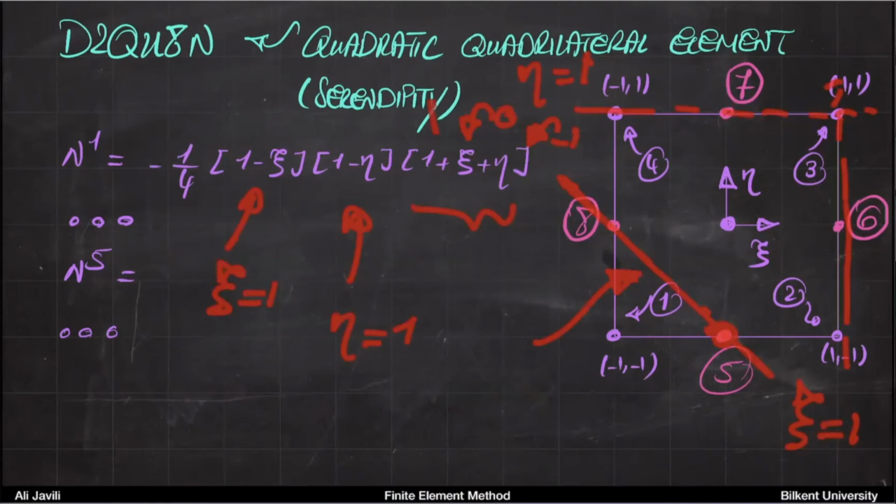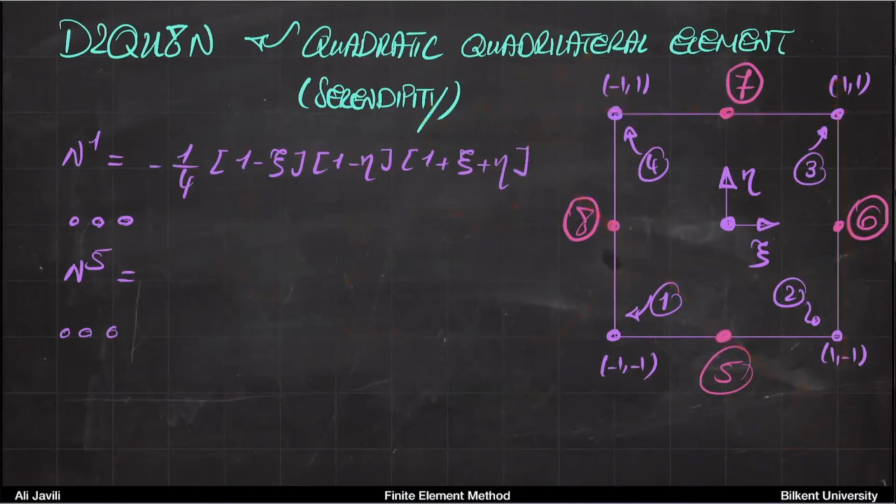So if you add that here, you get 0. Okay, so it's 0 on node 5, it's 0 on node 8, it's basically 0 on that line. And as I mentioned, this is essentially the equation of the line. The equation of this line is something like xi plus eta equals -1. Right? So that means if you just bring this to the left-hand side, you always get 0. All right, so that would be your N1.